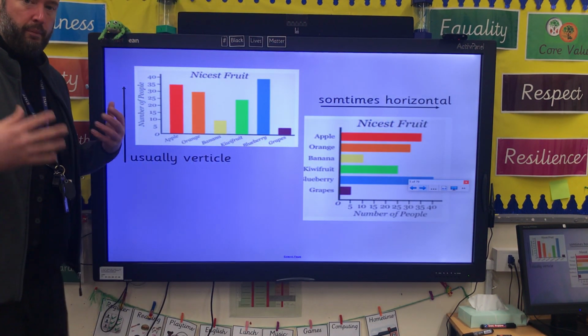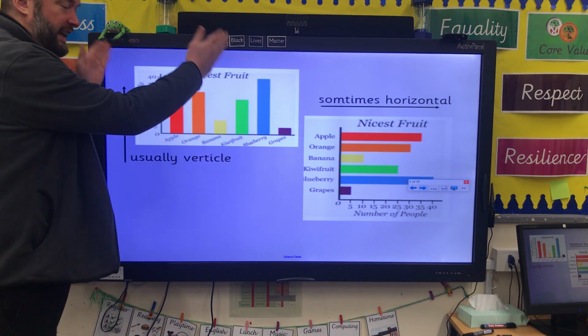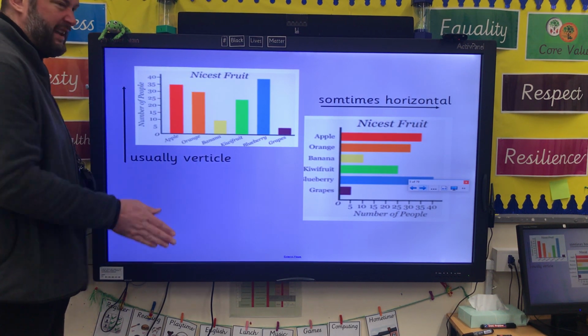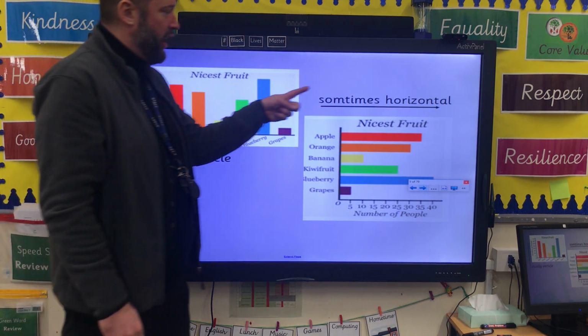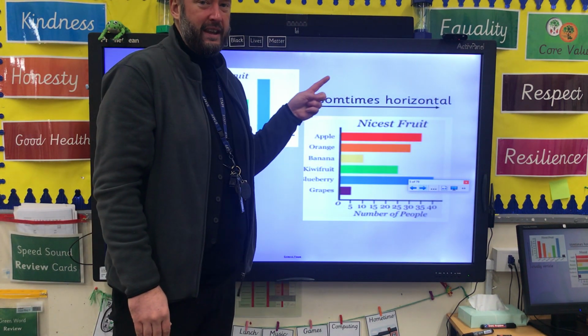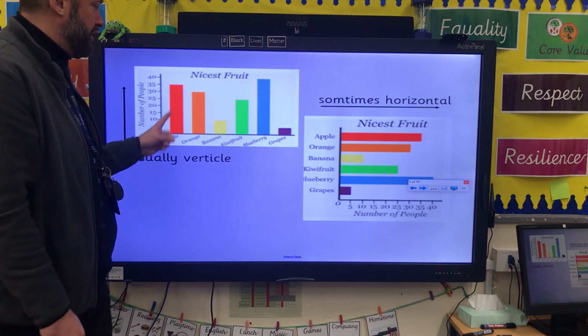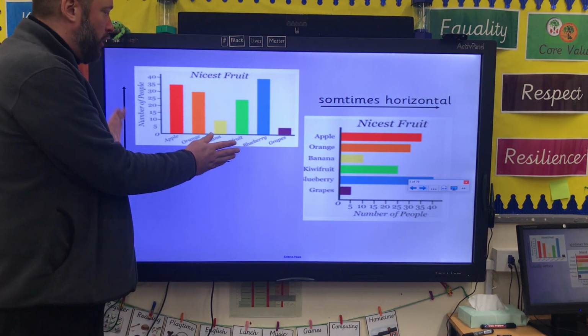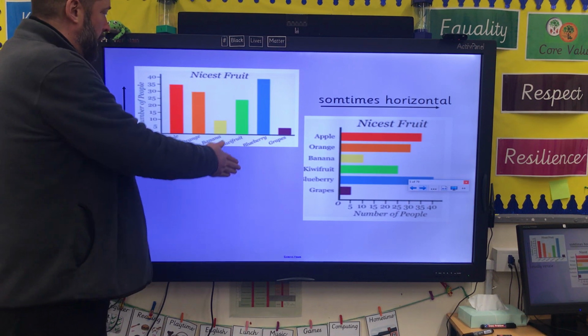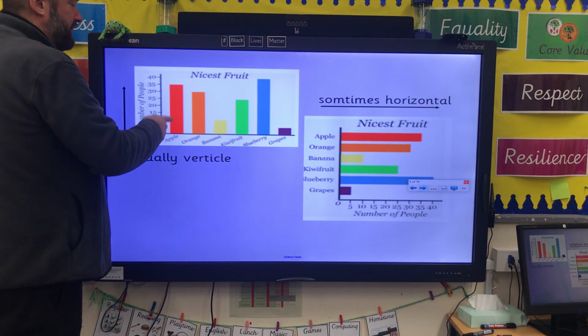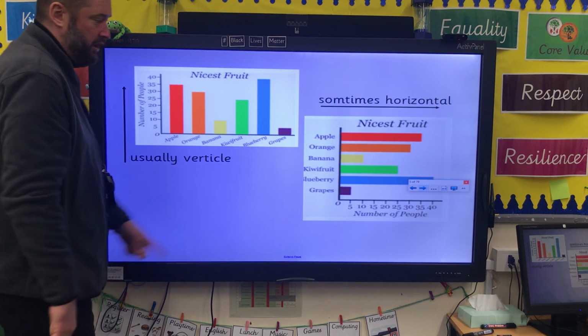Now, block diagrams are usually vertical. That means they go up and down. But sometimes they're horizontal. But they work in exactly the same way. So I've got 2 block diagrams here, all about nice fruit. They show exactly the same information, but this diagram, you read the scale vertically.